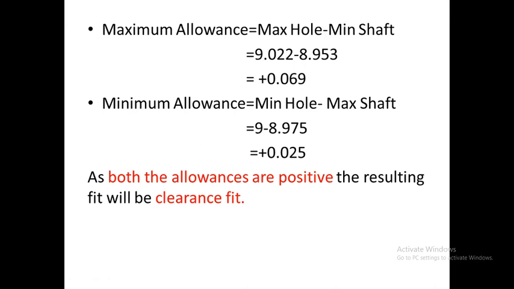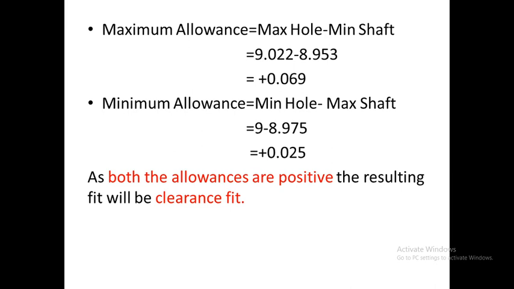Students, always note that if both the allowances are positive, it will be a clearance fit. If both the allowances are negative, then the resulting fit will be an interference fit. Whereas if one allowance is positive and the other allowance is negative, then it will be a transition fit.